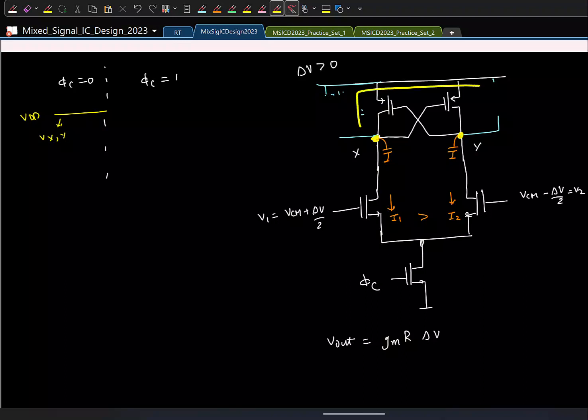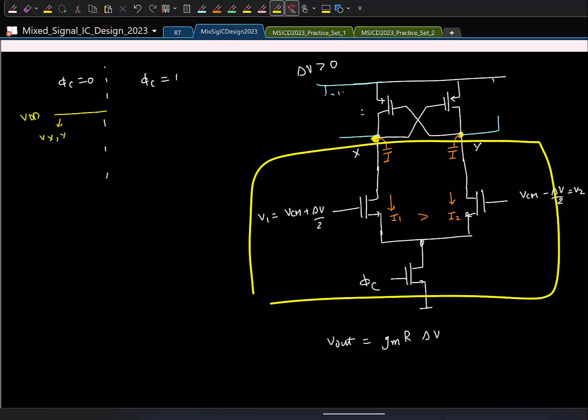So what can you say about these transistors? They'll be cut off because for this PMOS, the source is at VDD, gate is also at VDD. Same is the case for the other. So initially both PMOS transistors are off, right? And the only part active is this guy. And this guy is drawing currents I1 and I2 out of the output nodes.